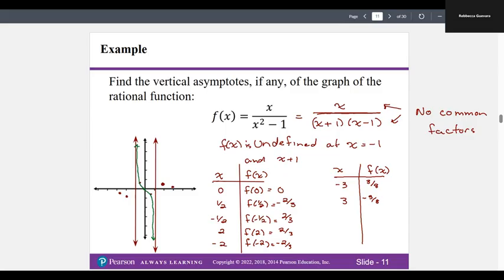If I do 4, that will be roughly 2.7, and then the negative is going to be negative roughly 2.27.